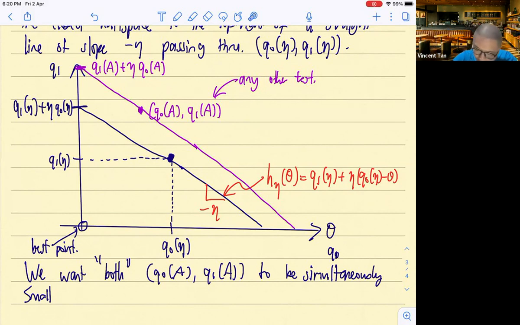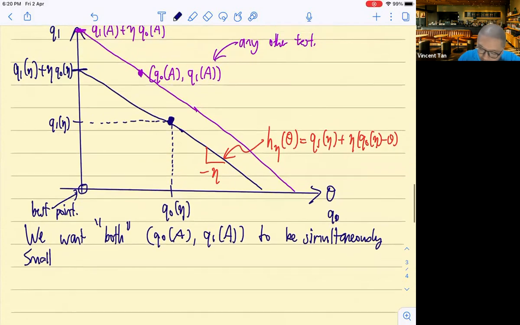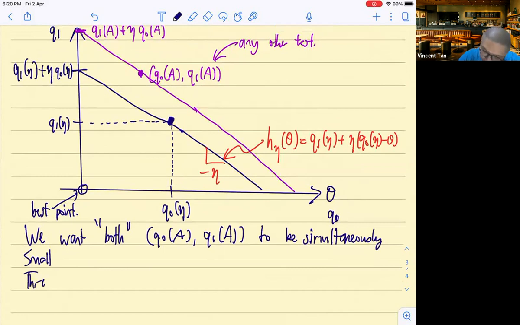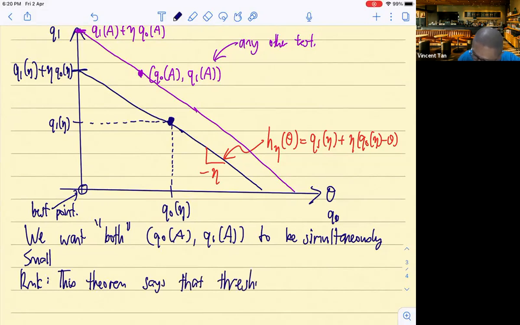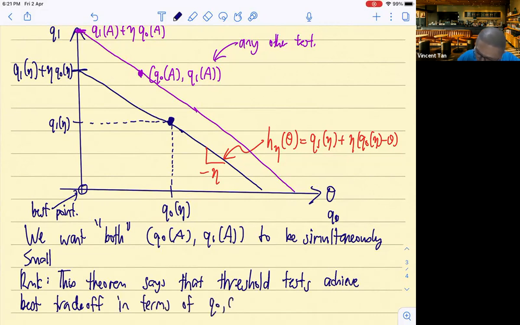However, we can use threshold tests to do the best possible. The remark is that this theorem, which is known as the Neyman-Pearson theorem, says that threshold tests achieve the best trade-off in terms of the two error probabilities, in terms of Q0 and Q1.